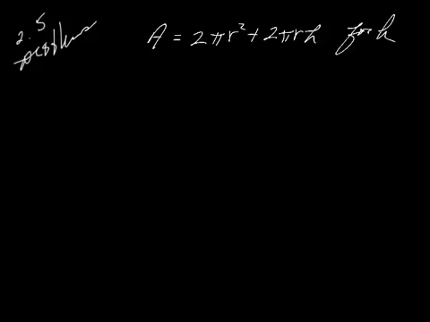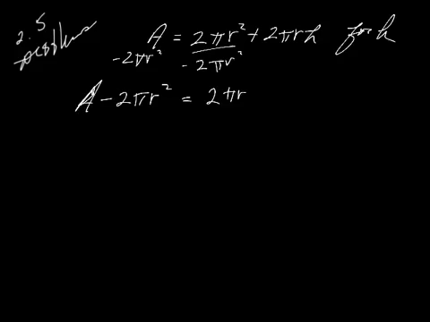So we've got to get rid of everything but h. We're going to subtract 2 pi r squared from both sides. And we can do that, we can subtract that whole thing because it's separated by a plus or a minus sign. So I have A minus 2 pi r squared equals 2 pi rh. So we just got rid of all of that.